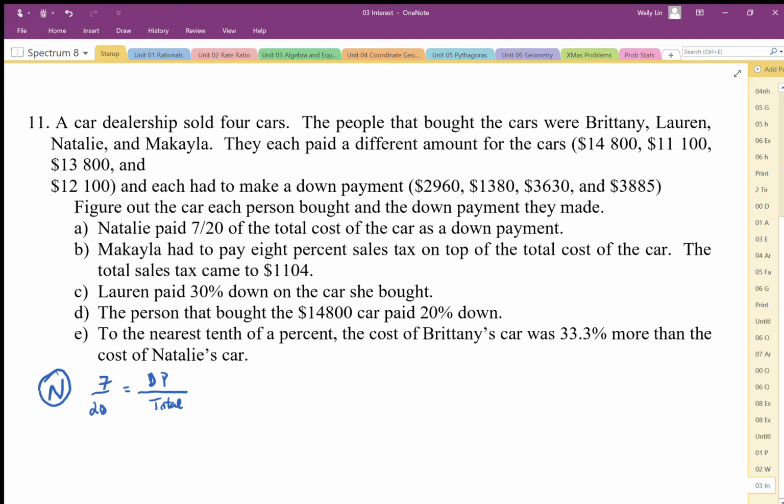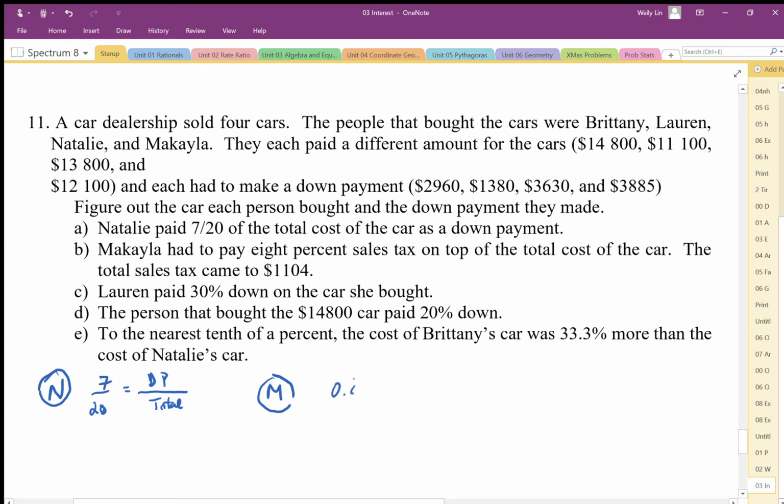But let's take a look at the other people as well. So let's take a look at Michaela. Michaela had to pay 8% sales tax on top of the total cost of the car, and the total sales tax came to $11.04. This may be a good place to start because we know the 8%.